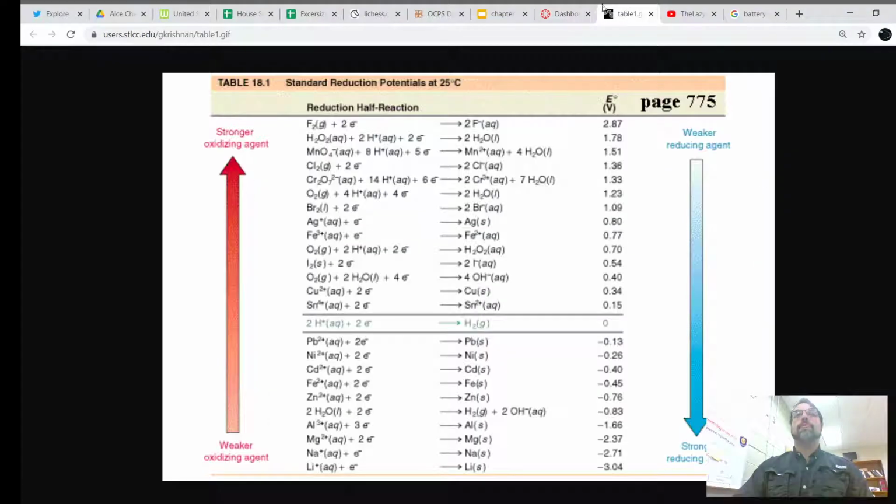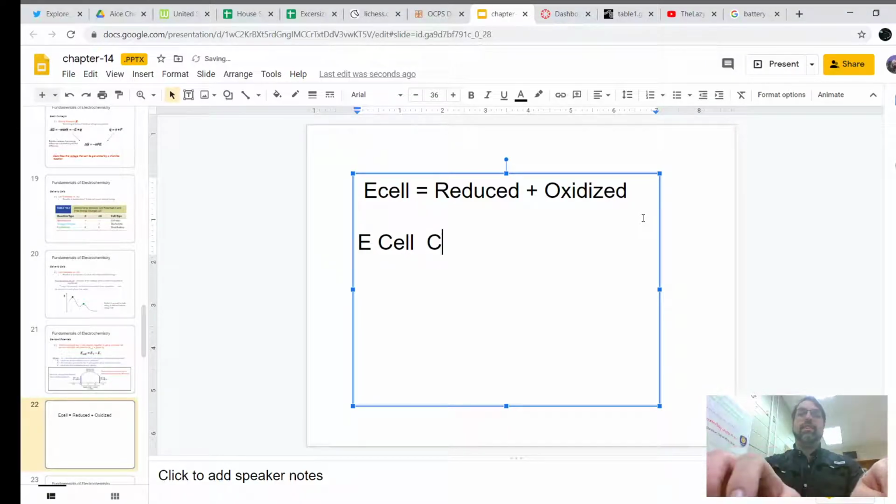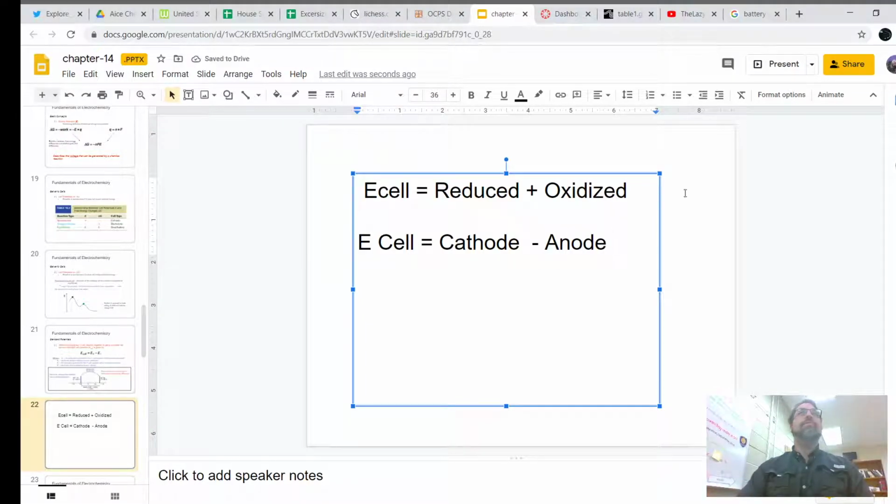Therefore, what we end up doing is changing the reduction potential equation just a little bit so that it's essentially whatever the reduction potential of the cathode is minus the reduction potential of the anode. The reason that we do it this way is that we can just use the straight numbers that are on here.